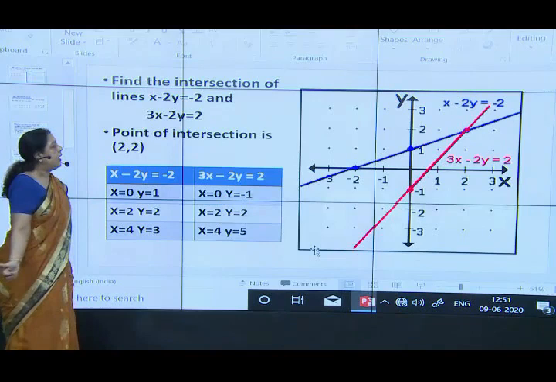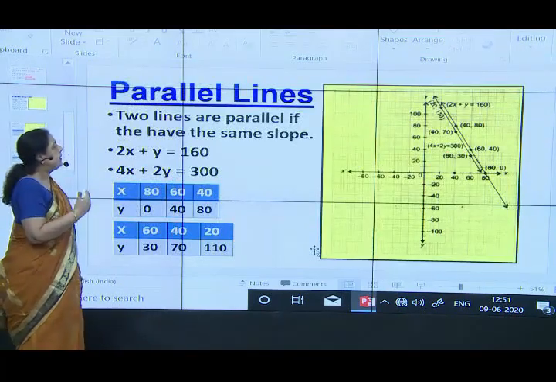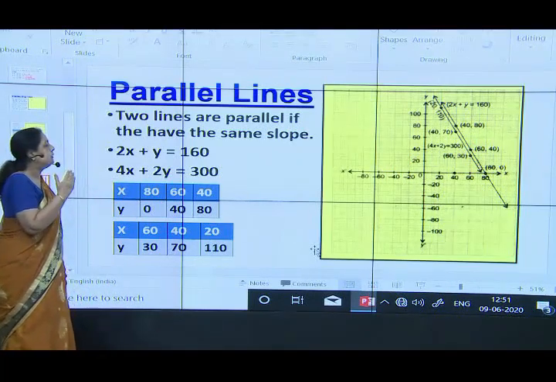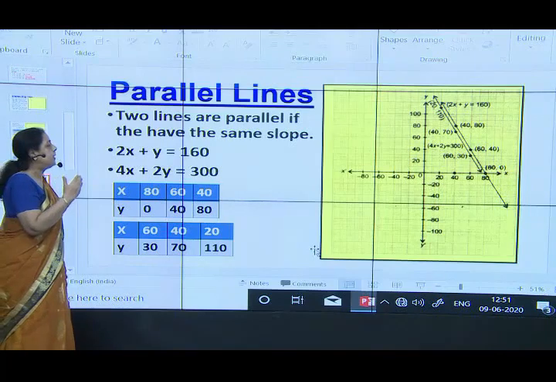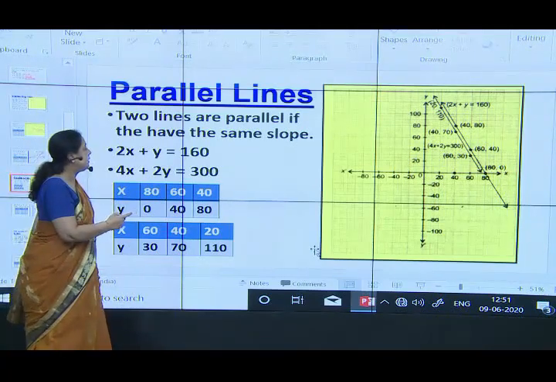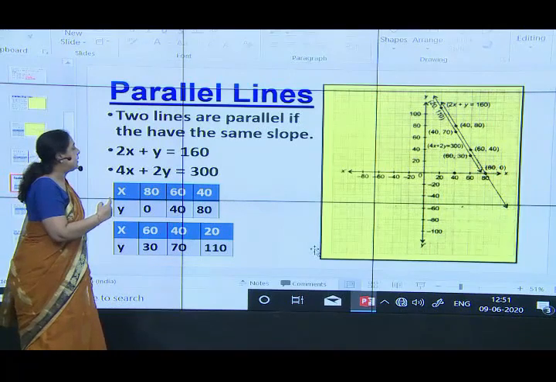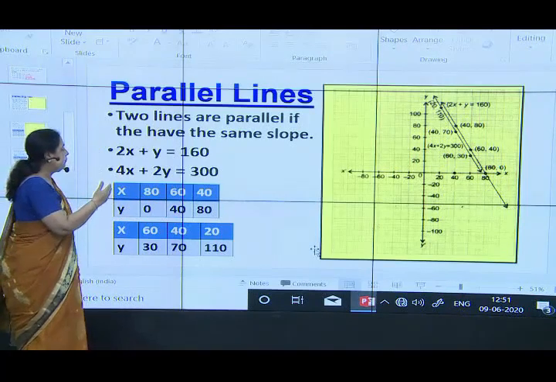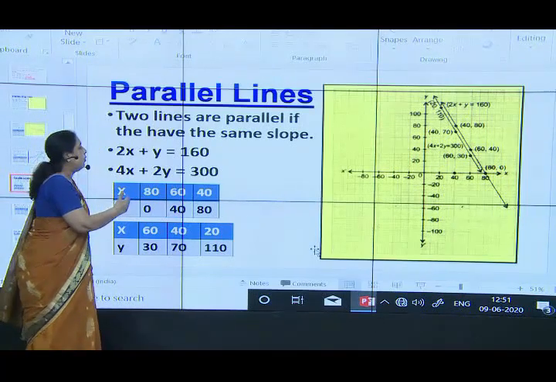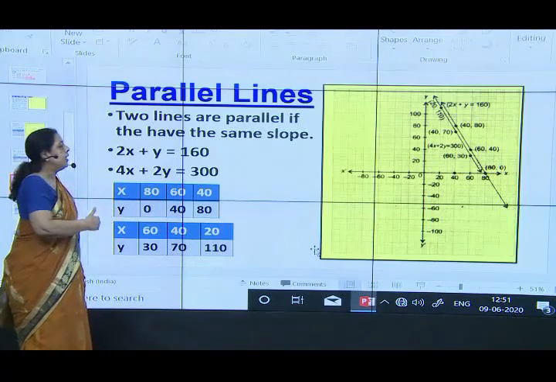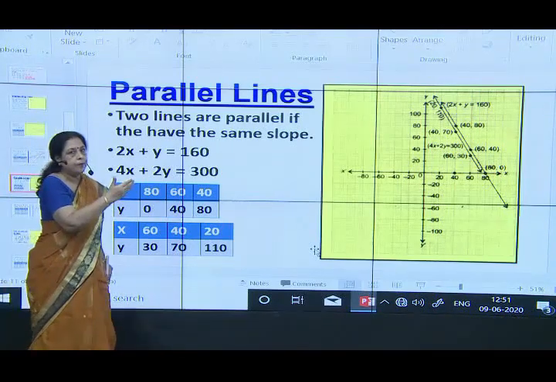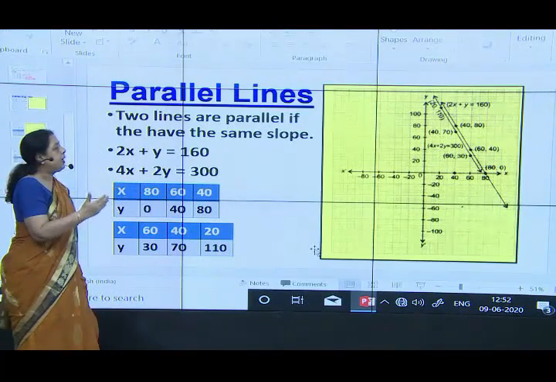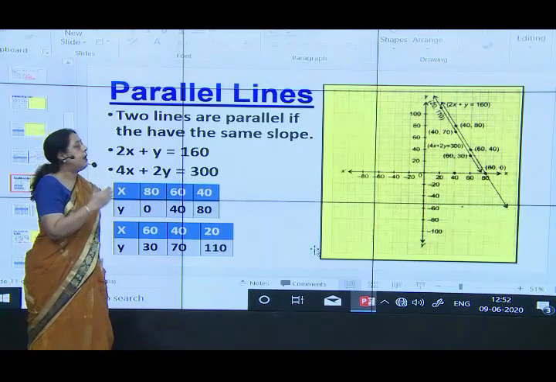Now come to another condition, that is parallel lines. Let us consider the equations 2x plus y equal to 160 and 4x plus 2y equal to 300. If we find the solutions of these equations and plot them on the graph, then we get a pair of parallel lines.